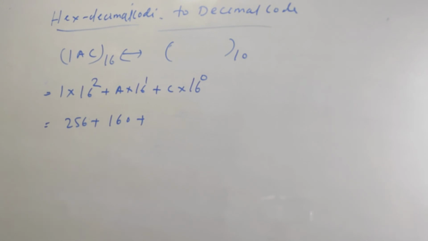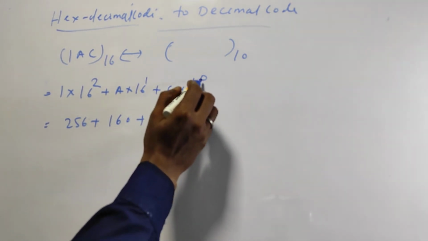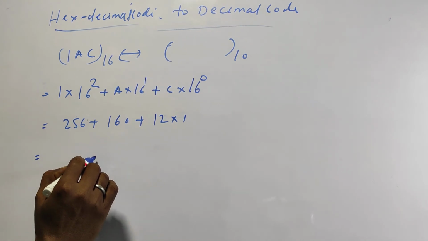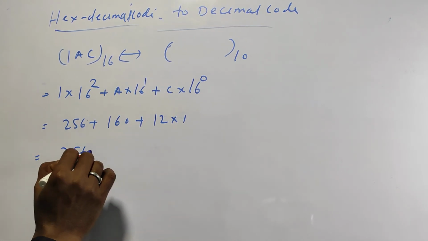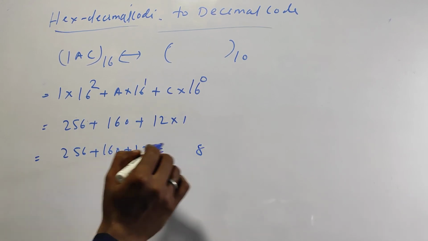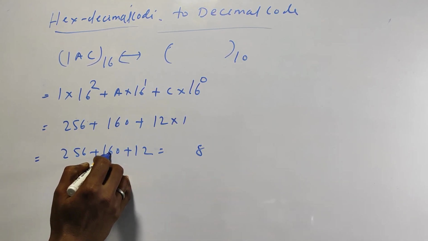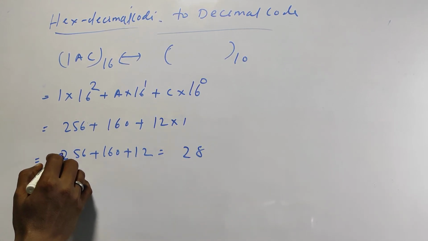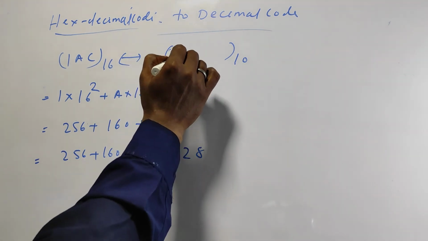C is 12, 12 into 16 to the power 0 is 12. We add them: 256 plus 160 plus 12, that is 428.